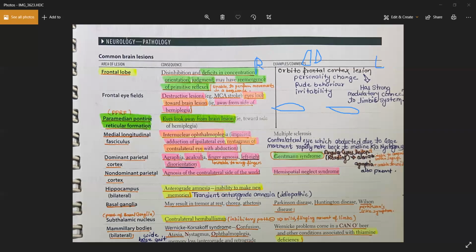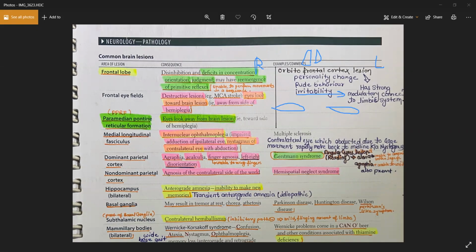Now, whenever the right cortex is activated, it will make both the eyes look towards the left side.